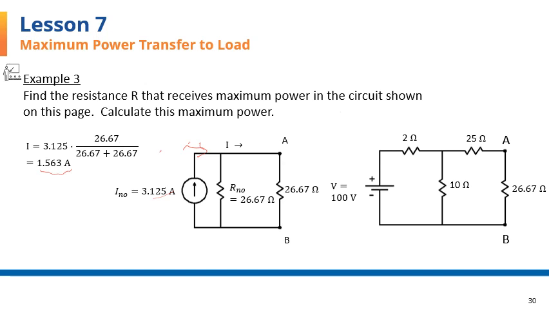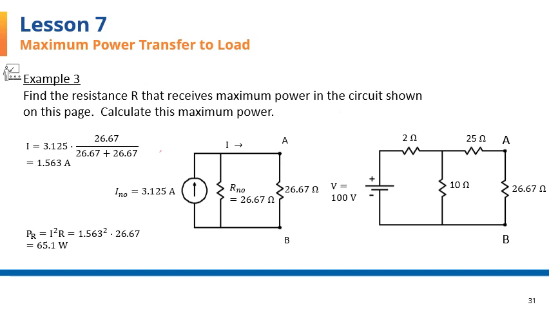We're interested in the current in this branch in order to find the power. So maximum power then is found as I squared times R, which gives us 65.1 watts.